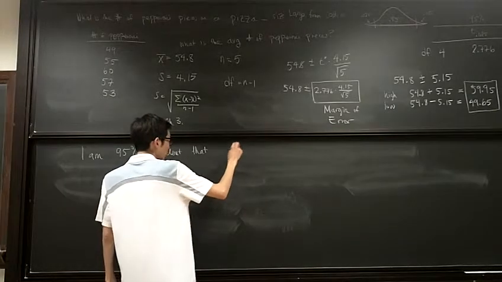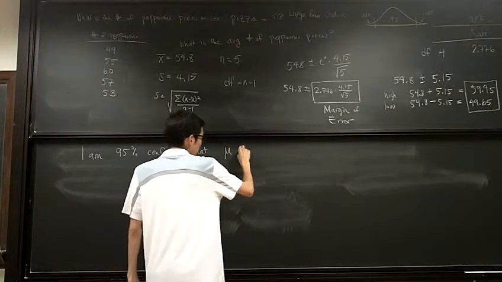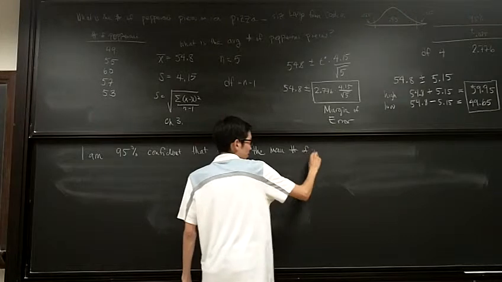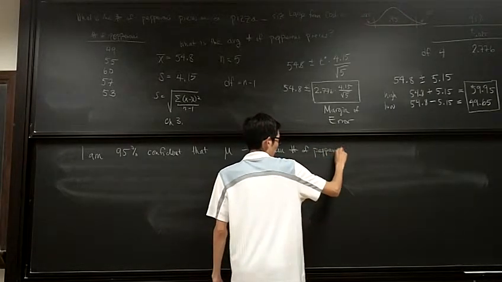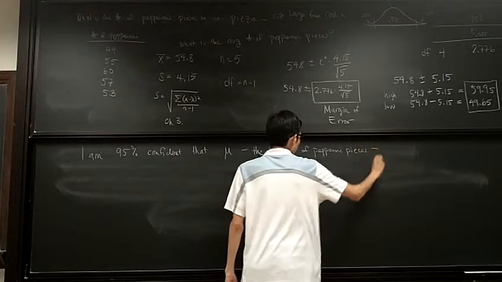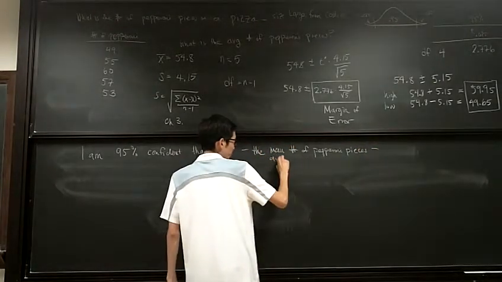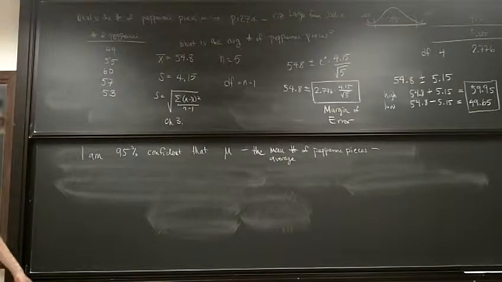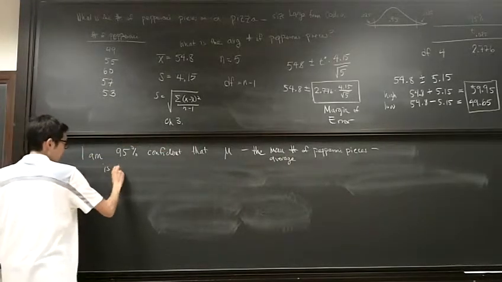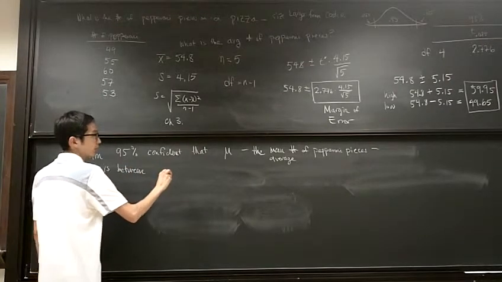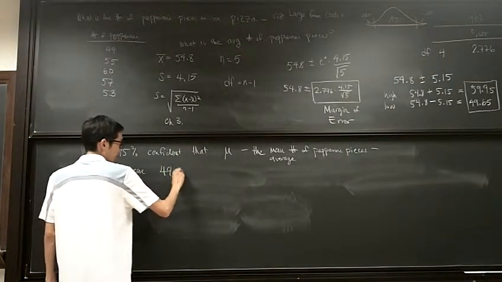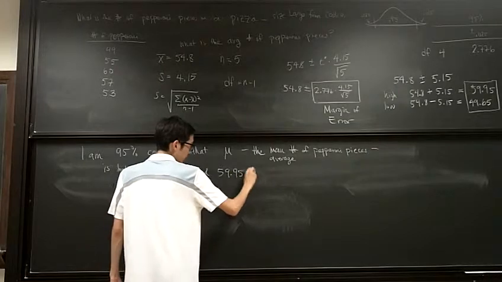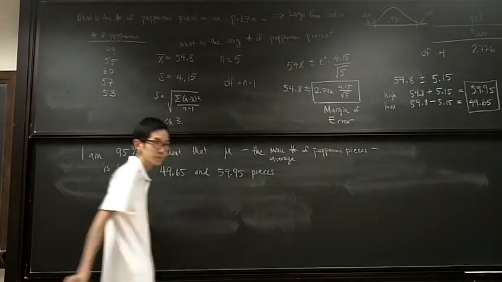So I'm 95% confident that mu, which is the mean number of pepperoni pizzas, or the average number of pepperoni pieces, is between 49.65 and 59.95 pieces. Okay. (Some of our brains still haven't quite embraced the word mean.)